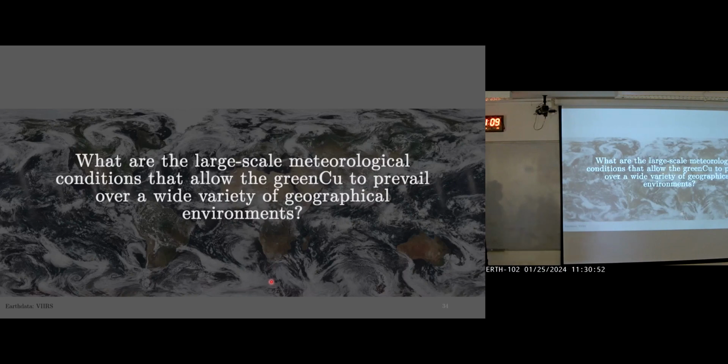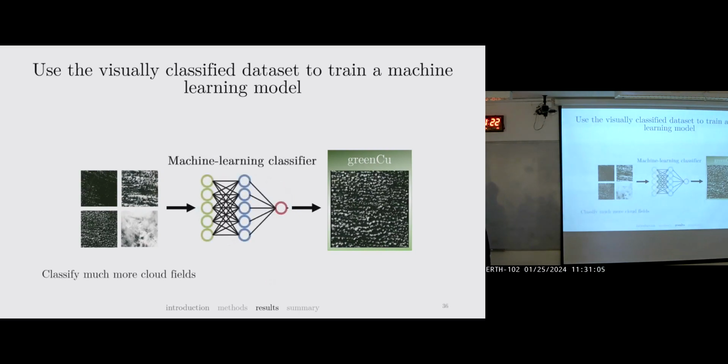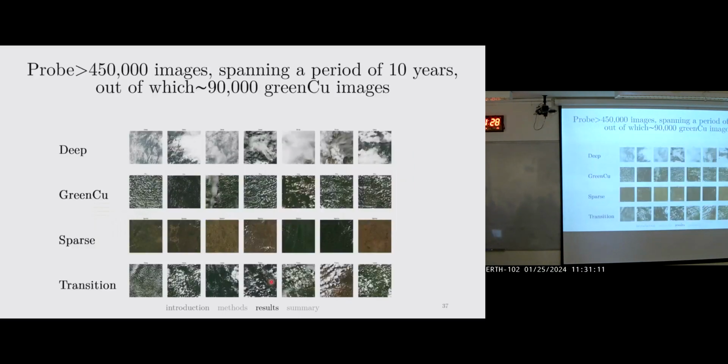And in order to do this, we wanted to increase our statistics, and so now we use this visual classifier from before as a baseline to train a machine learning algorithm so we can really upscale the analysis and probe many more images. And it worked out pretty good.